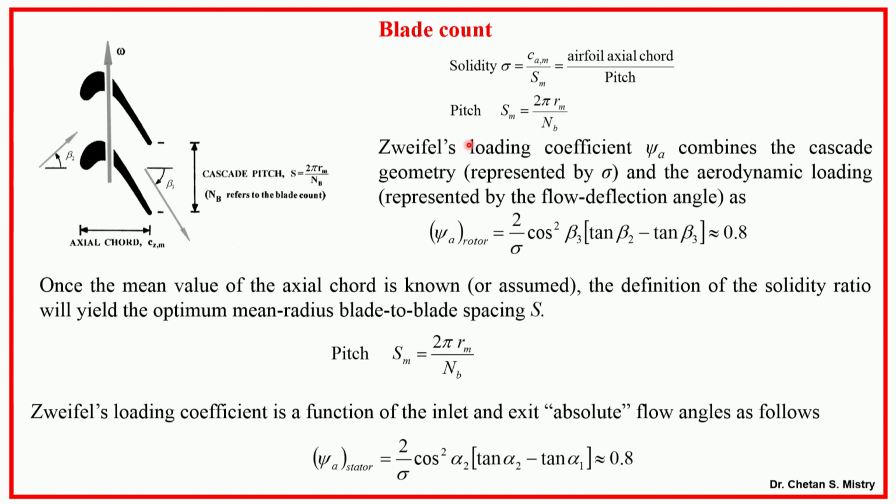He says my loading coefficient will be in the range of 0.8. So, at the mid section you select your Zweifel's criterion as 0.8, and based on that you calculate the number of blades. Let me share this Zweifel's criterion, which was proposed in 1945. As of today also, people are following this.